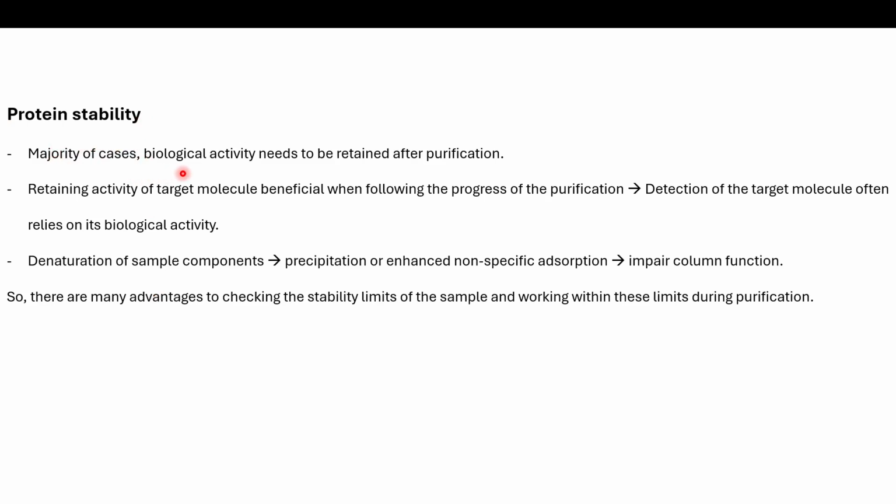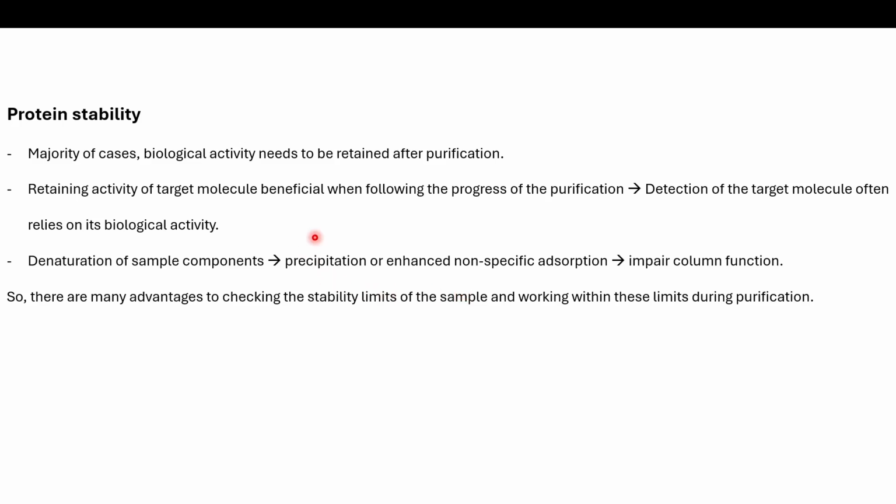In the majority of cases, we have to keep the biological activity intact after purification. Retaining activity of the target molecule is beneficial when following the progress of the purification, and detection of the target molecule often relies on its biological activity, right? In many cases, sample components can denature, which you can see by certain precipitates in the tube containing the sample, or there can be enhanced non-specific adsorption on your chromatographic matrix.